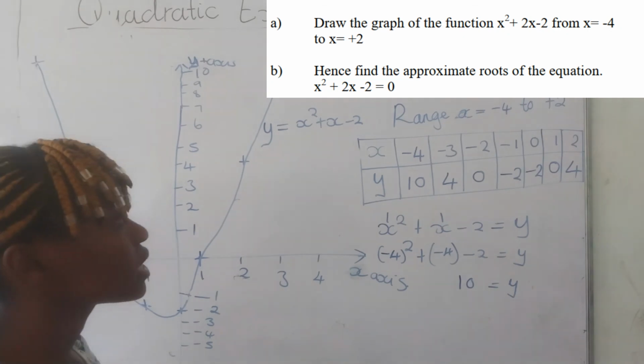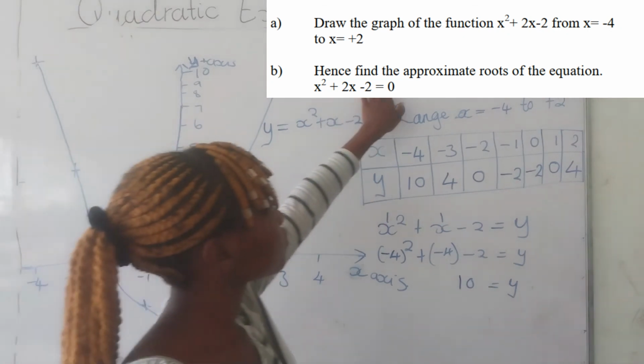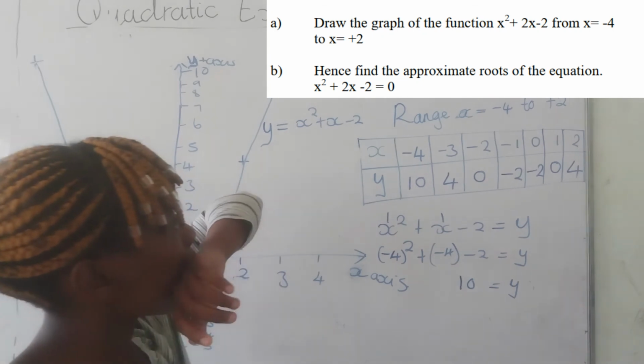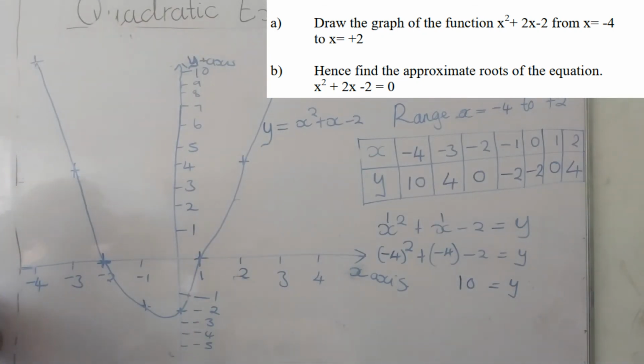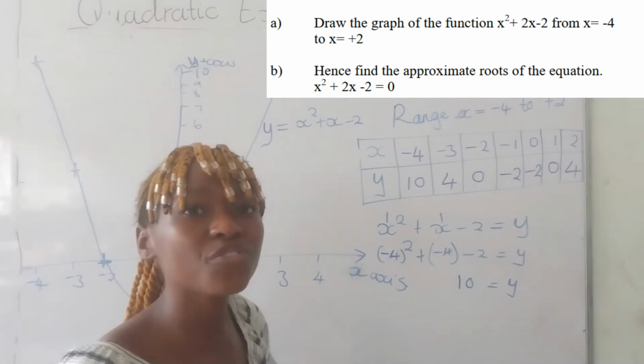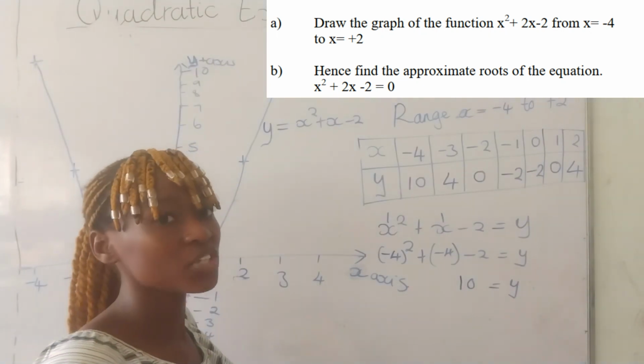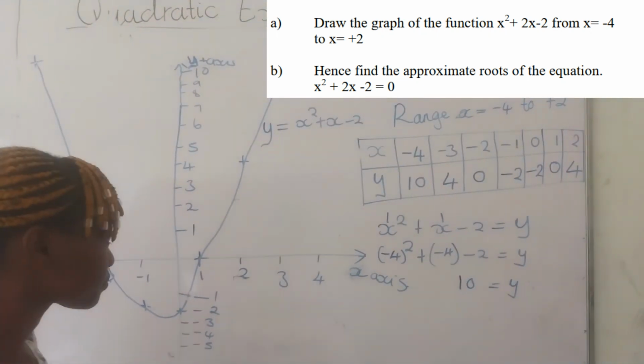So if you want to find the x values for this part, now using the graph, instead of using the quadratic formula or factorizing, we are using the curve to find the roots. So how do we find the roots or the x values on the curve?